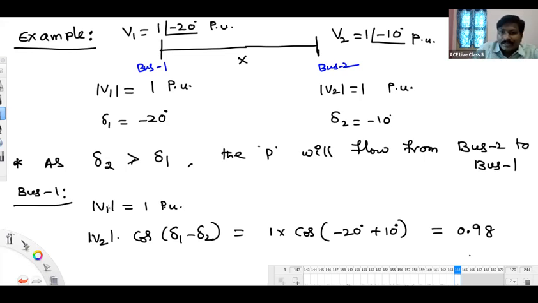Tell me now, how is the bus 1 voltage magnitude compared to the other number? Greater. Bus 1 voltage magnitude is greater compared to the other number. Is bus 1 absorbing or delivering reactive power? Delivering, because bus 1 voltage magnitude is greater. I think all of you are getting my words.